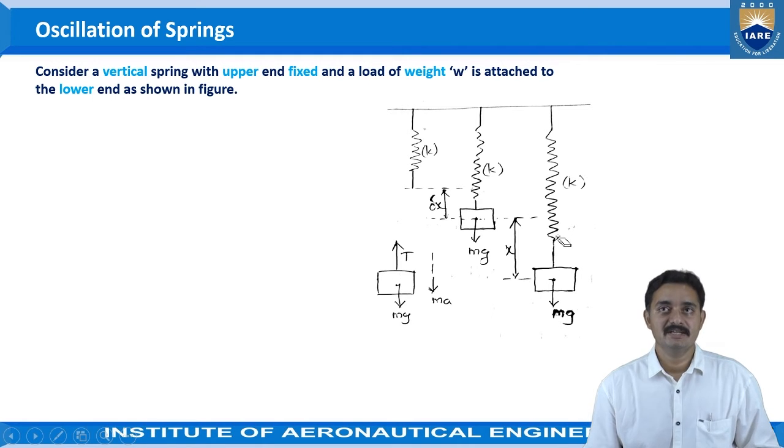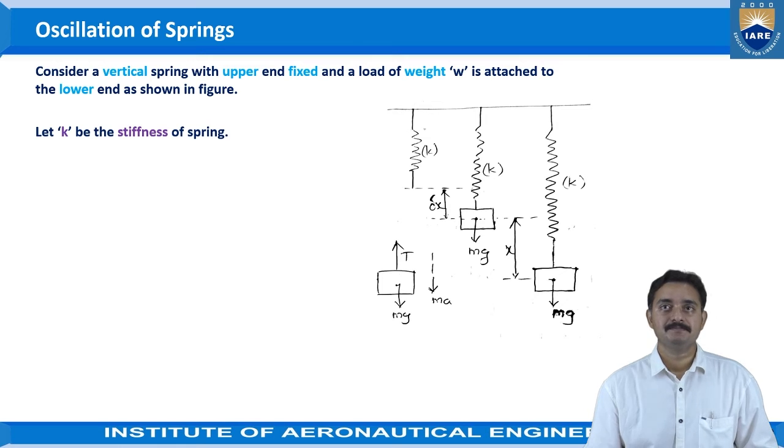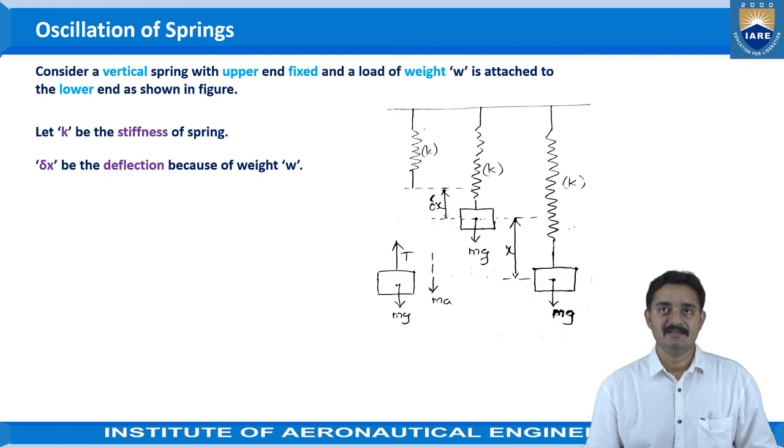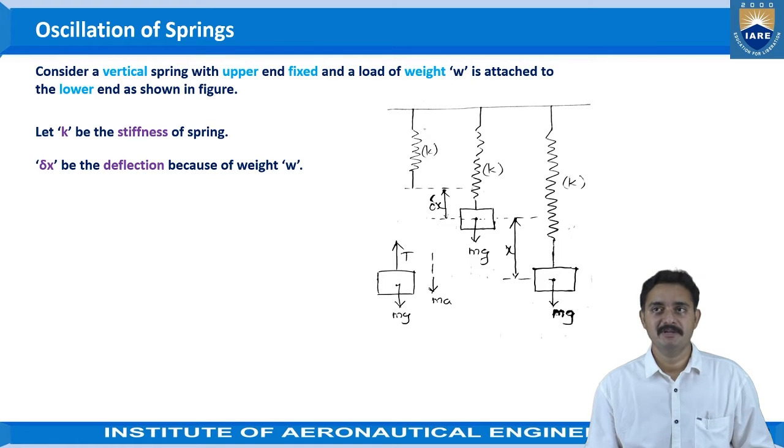So consider a vertical spring with upper end fixed and the load of weight W is attached to the lower end as shown in figure. Let K be the stiffness of the spring, and delta X be the deflection because of weight W. When weight W is added to the spring, the deflection is delta X without any external application of force.